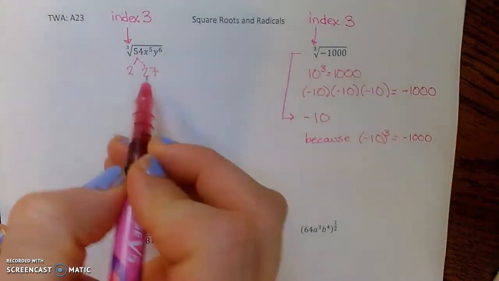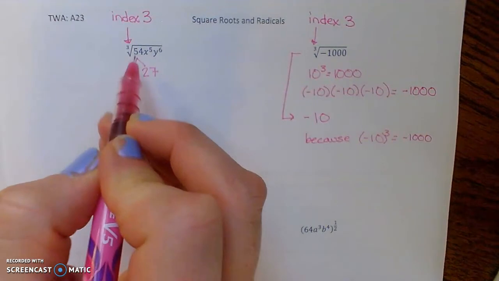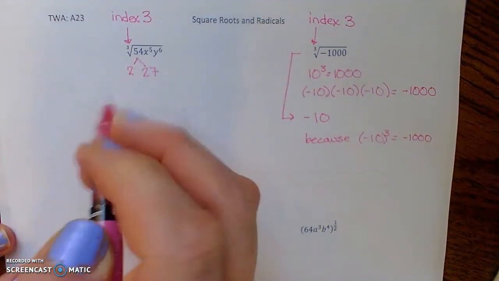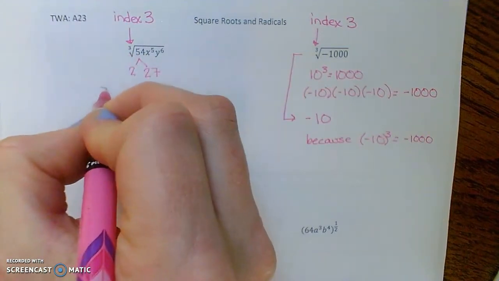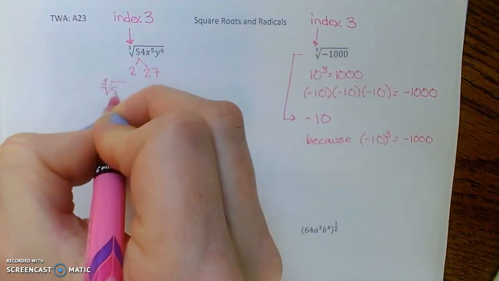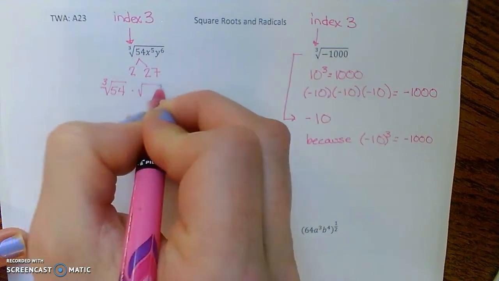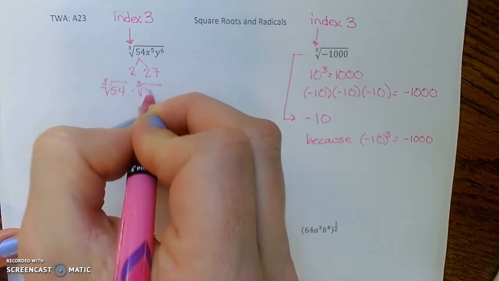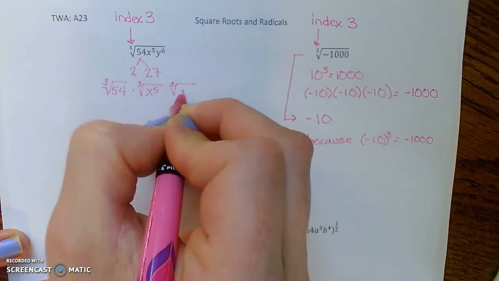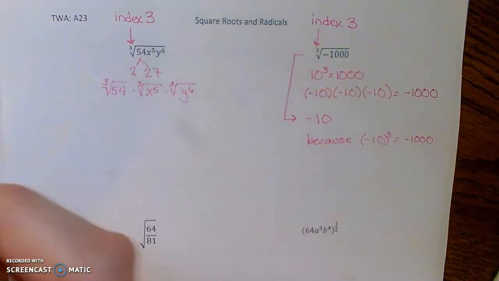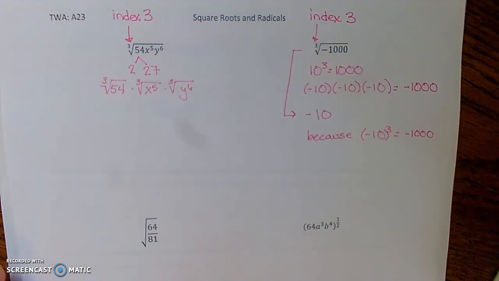All right, so let's break this down. Now that we recognize that 27, this perfect cube number, is a factor of 54, just like with our square roots, we're going to think of this as the cube root of 54, times the cube root of x to the 5th, times the cube root of y to the 6th. And let's do each one of those separately.